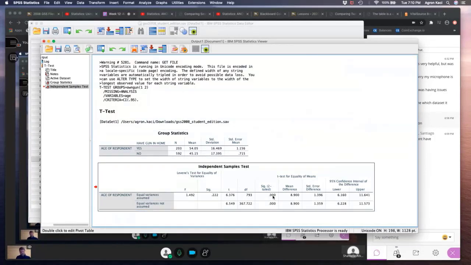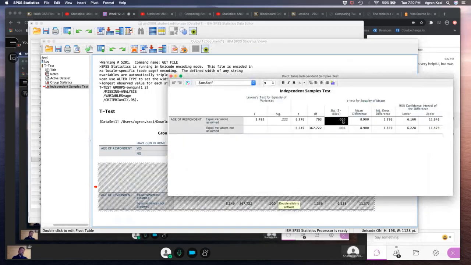Maybe that's what the author of the book means on page 343, when these two are both under 0.05 or over 0.05. Oh, wow, look at this.